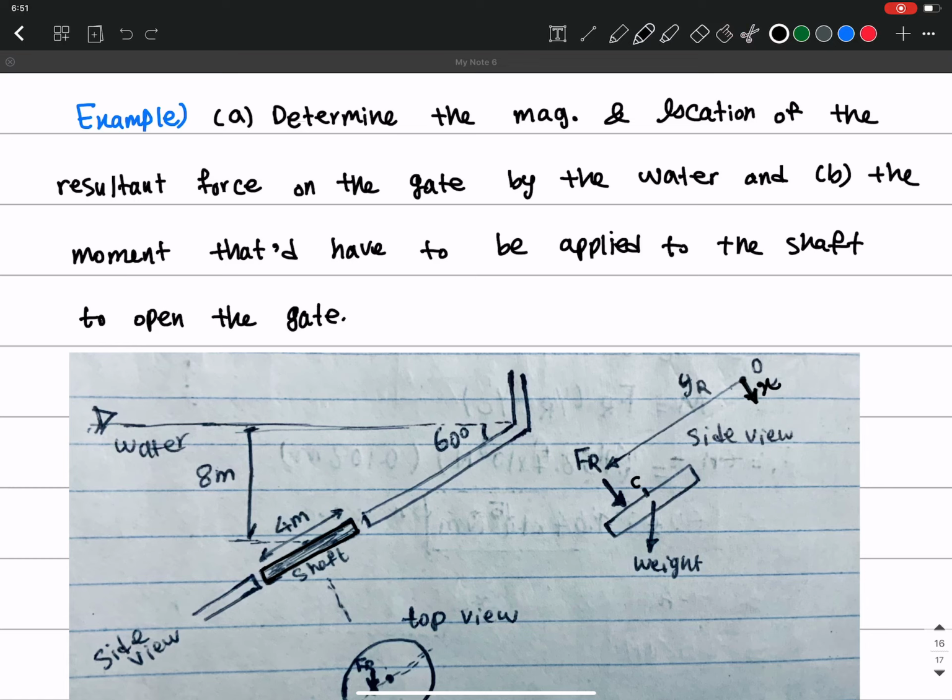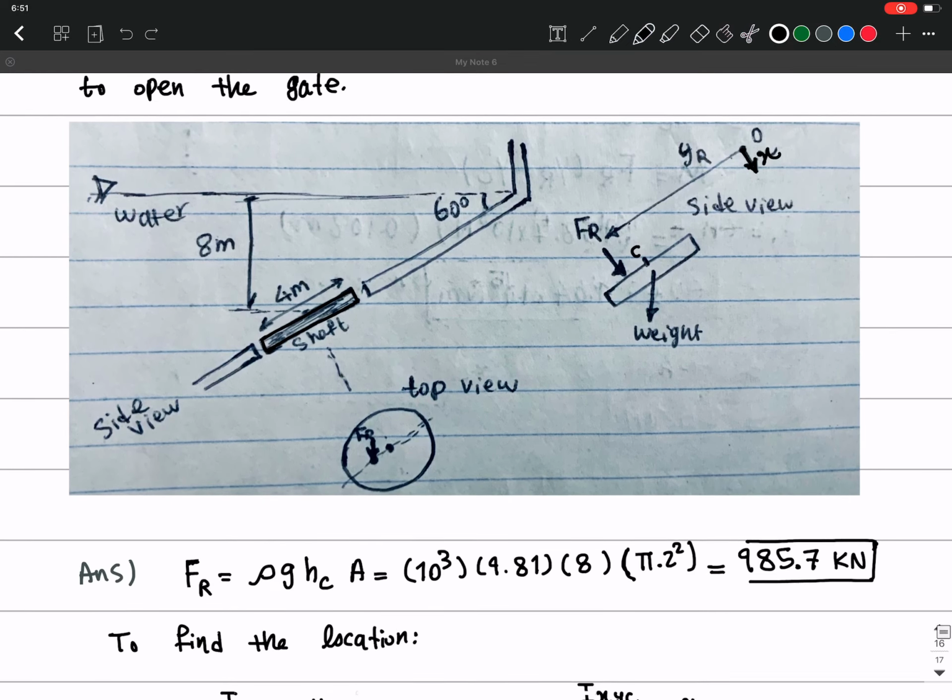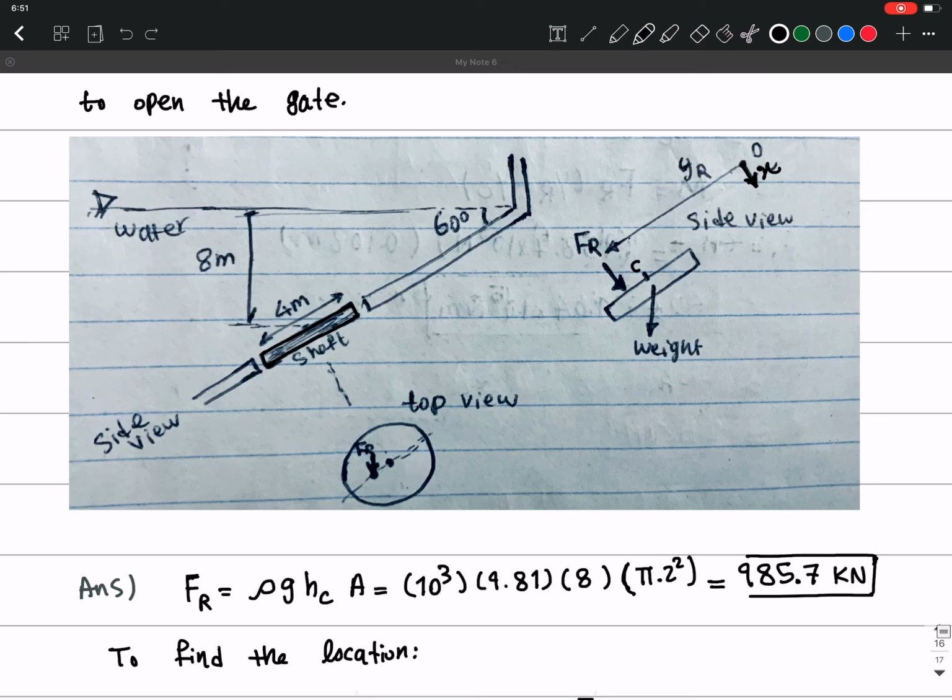Okay, so now we want to solve the second part of the question, which seeks the moment that would have to be applied to the shaft to open the gate. So what is the moment that has to be applied to this gate to open it? Okay, we can calculate it from here.